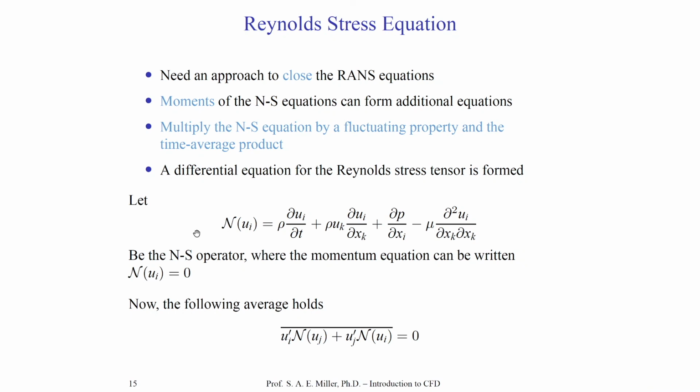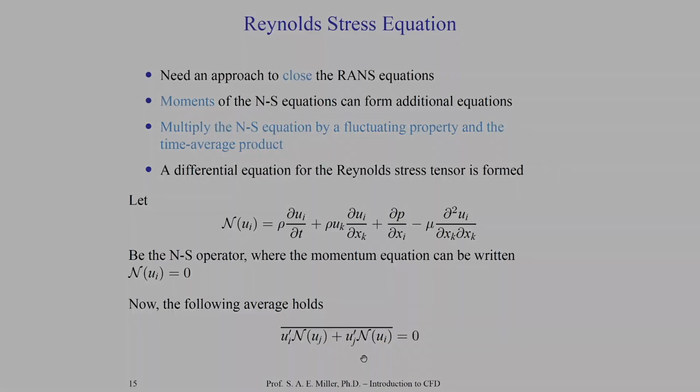We'll say that this is the so-called NS operator, where the momentum equation can be written as N of u equals 0. Now, we can average this equation. Let's look at the averaging technique here. If we apply through moments, we might write u_i prime N of u_j plus u_j prime N of u_i, and it will equal 0.